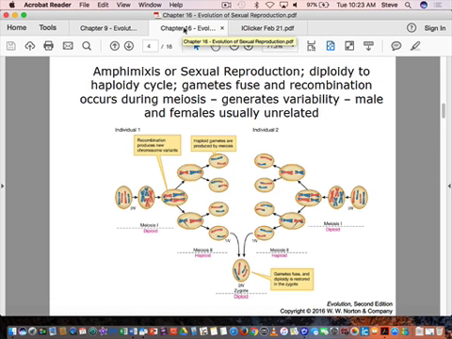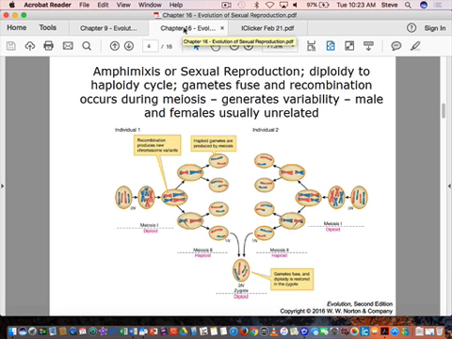Well, let's just talk about what sexual reproduction is. What we call amphimixis, or sexual reproduction, has these typical things. Again, I'm not asking you to do all this, right? But basically, you have individuals 1 and 2, right, that go through meiosis to produce haploid gametes, egg and sperm. So each parent, individual 1 and 2, goes through a diploidy to haploidy cycle.